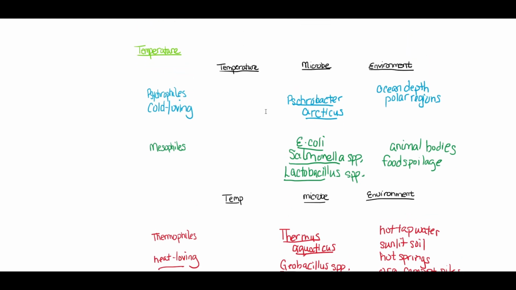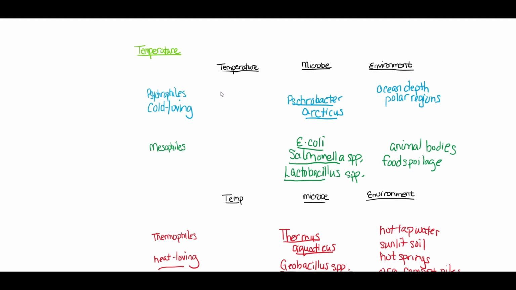Next up, we have temperature. Temperature can be used to control the growth of microbes, or it can increase the growth, or it can be optimal for a particular group of microbes. We're going to discuss these groups of microbes below. We have psychrophiles.